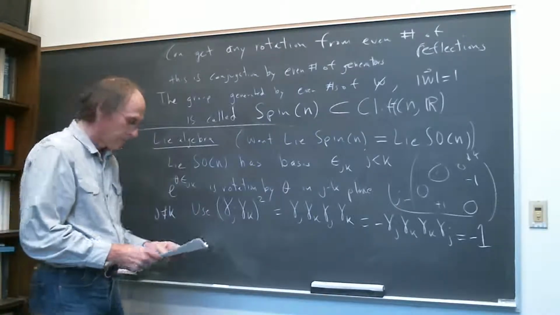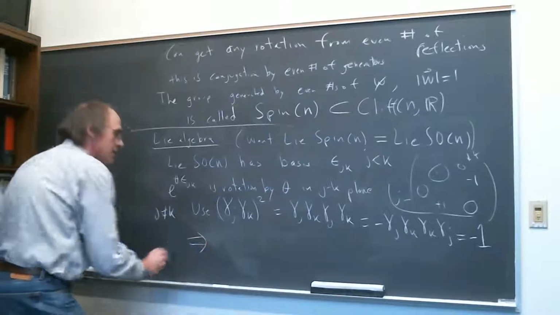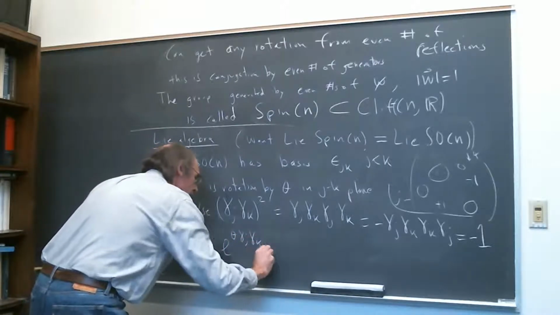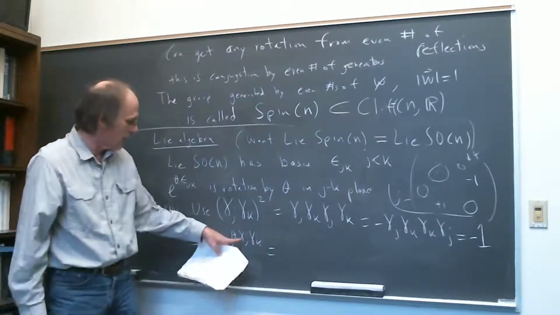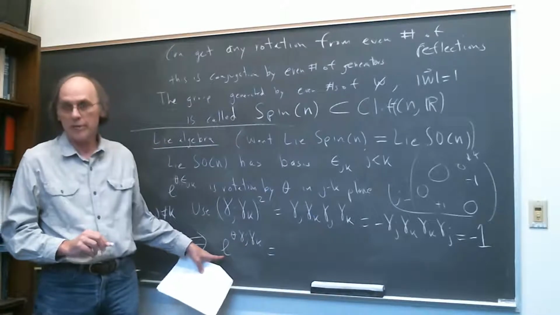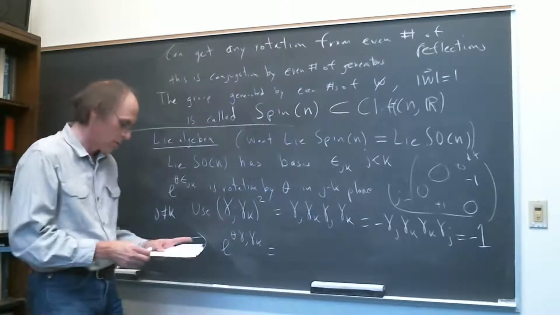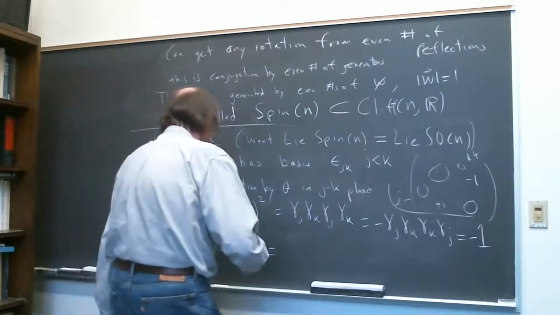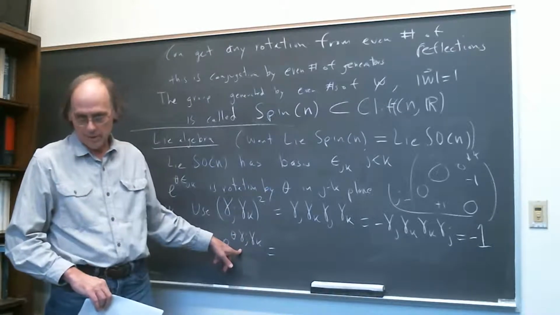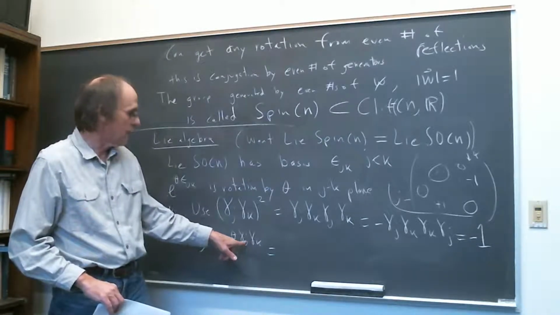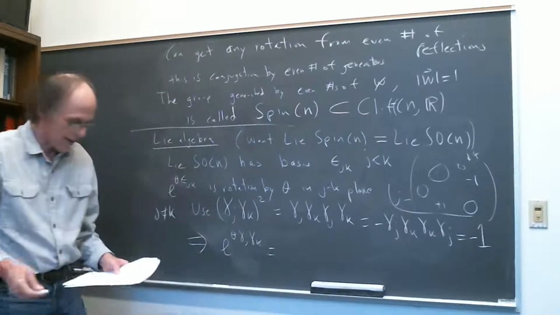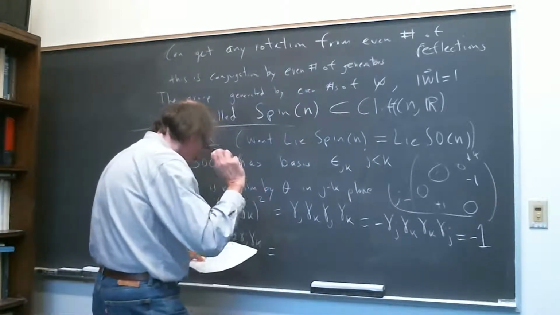What this implies is that if you take these and exponentiate them, and use the standard series expansion for the exponential, using the fact that when you square it you get minus 1, you're going to find out the result.